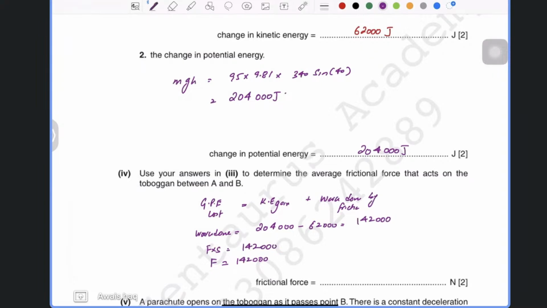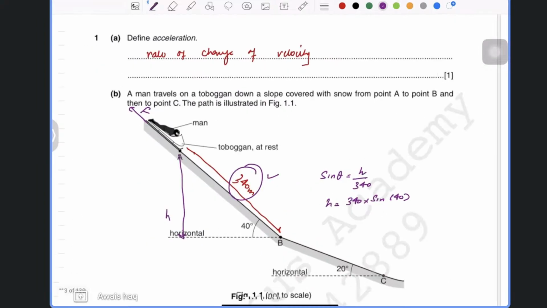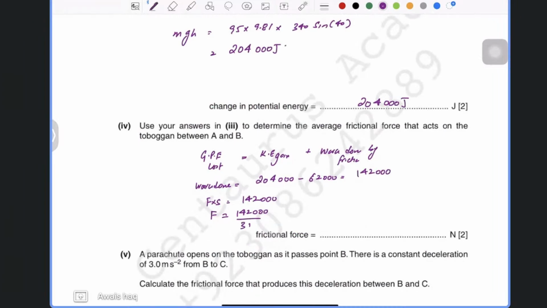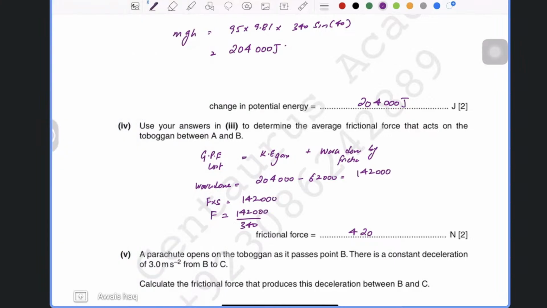The reason why we divide with this value is because the friction force will be against this. So we're doing work against this distance, so obviously the distance has to be parallel. So we're going to divide by 340, and that should be 420 newtons, the friction force. Okay.